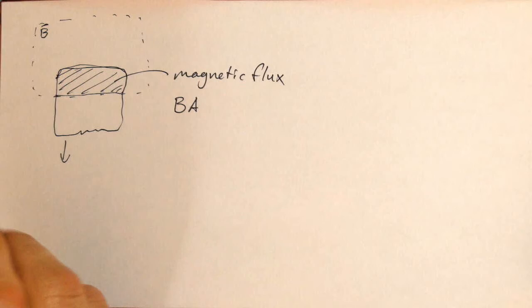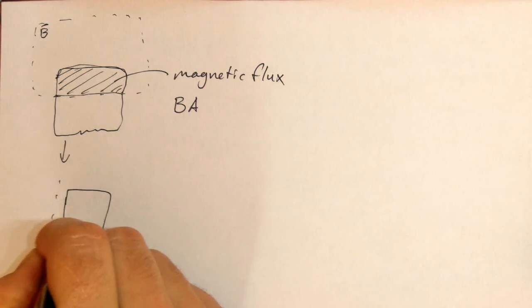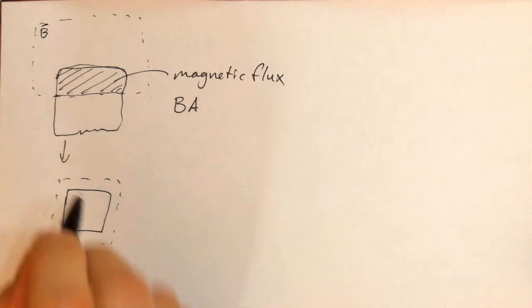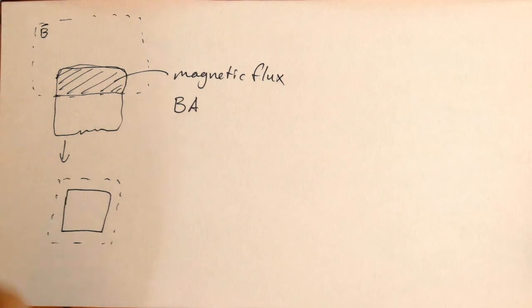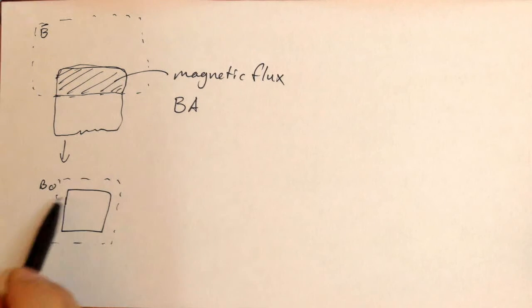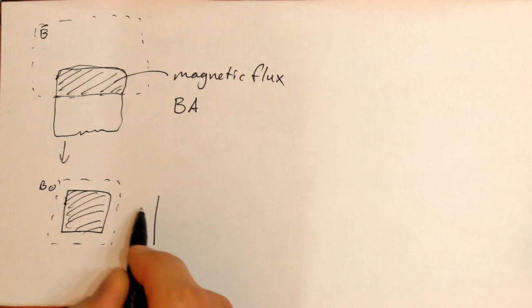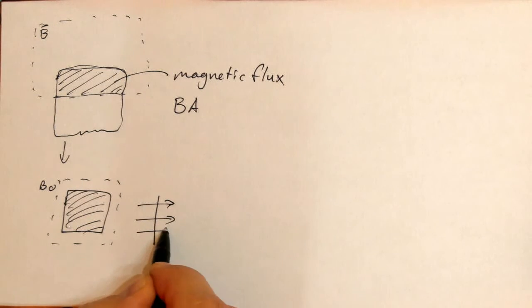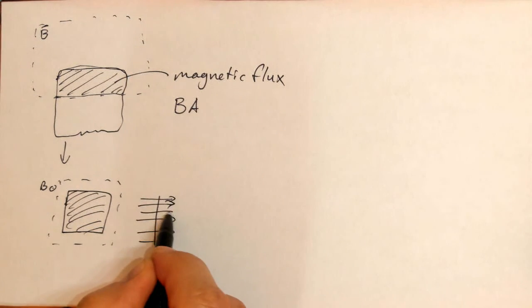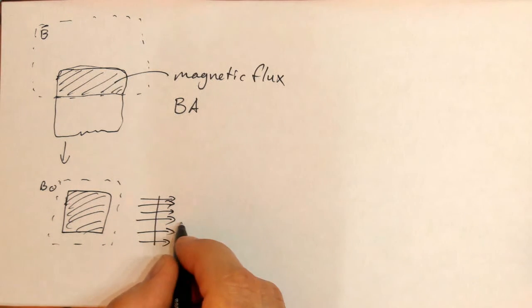For a simple case, if I have this square loop and it's entirely inside a magnetic field that's perpendicular, so this B field might be out of the page at you, that means it's filling the entire loop, and if I draw a side view, it's piercing it perfectly everywhere. So the magnetic flux is equal to BA.